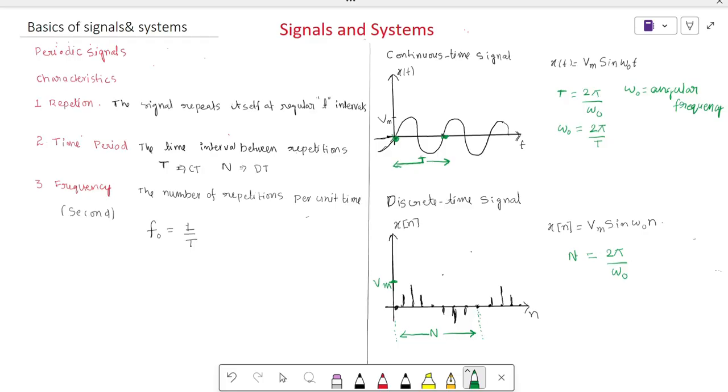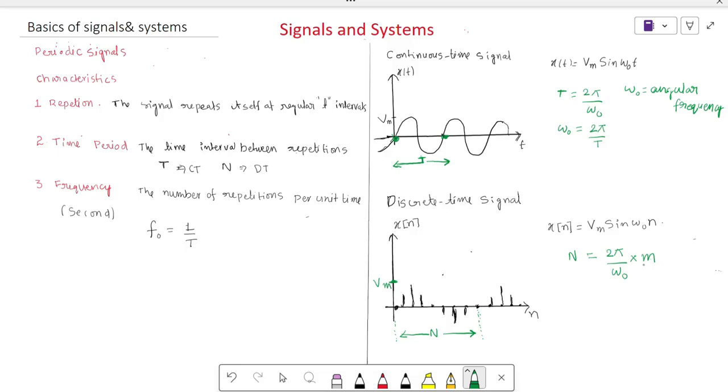To make it an integer, for example if omega naught equal to 3 pi, then pi gets cancelled and you will get 2 by 3. N can never be a fraction value. It must be an integer. That's why to make N an integer, we should multiply with small m.